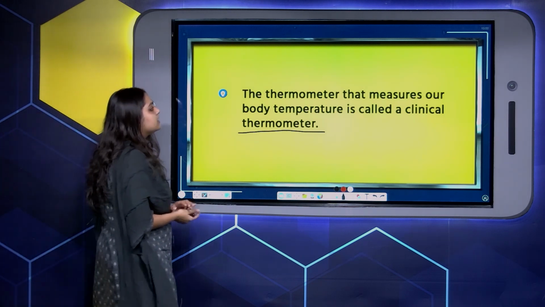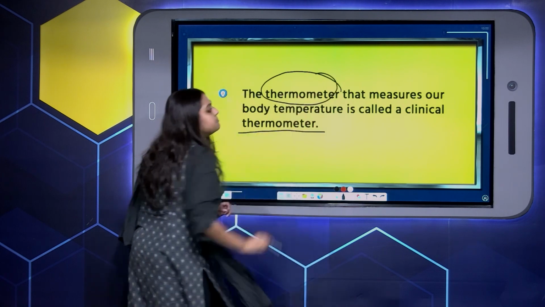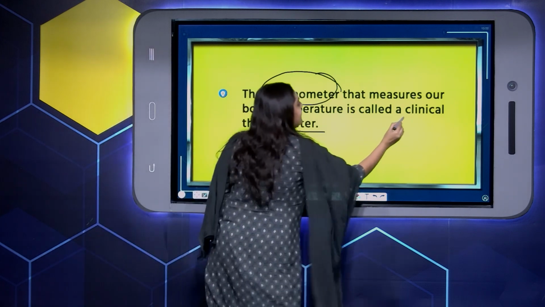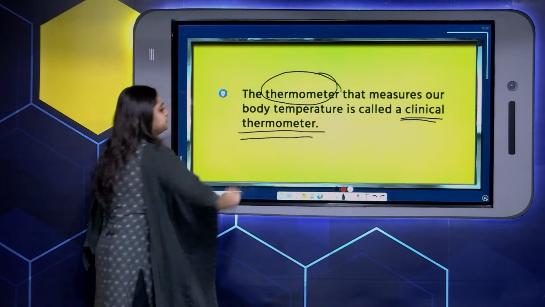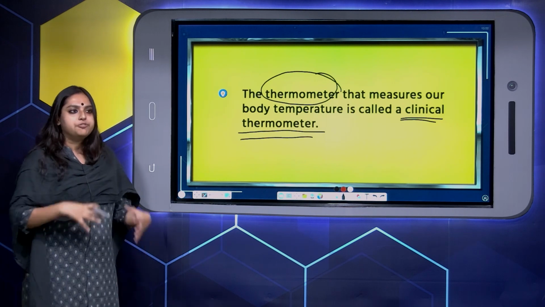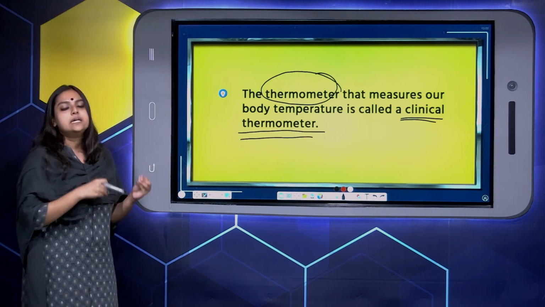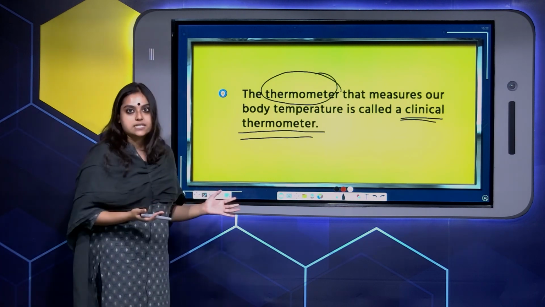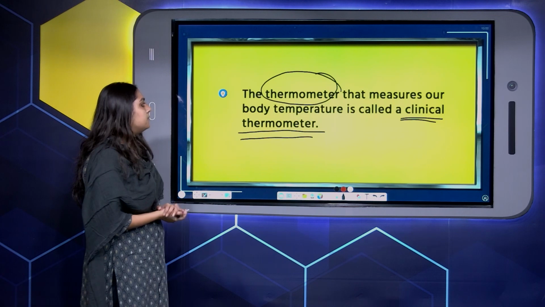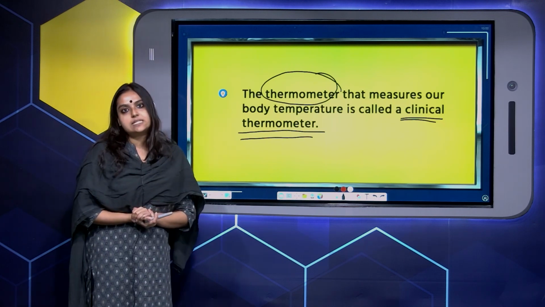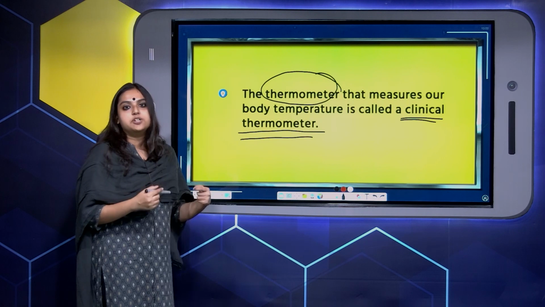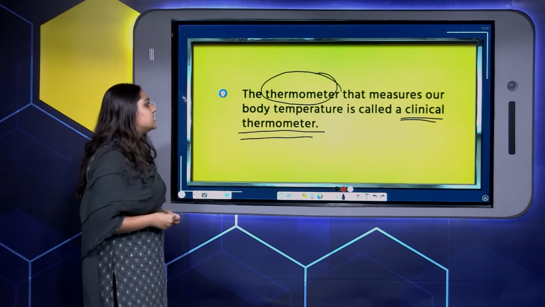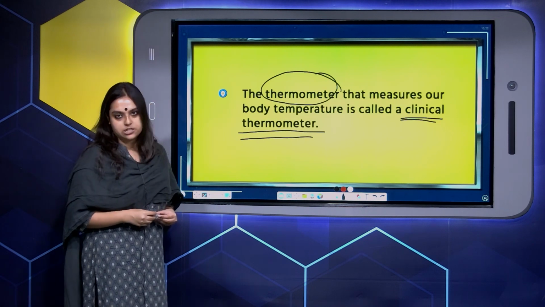The thermometer that measures our body temperature is known as clinical thermometer. There are various kinds of thermometers. We will discuss some of them in the next class, or maybe today's class, we don't know. But one thing that we need to discuss is the thermometer that measures the body temperature, which we call the clinical thermometer.